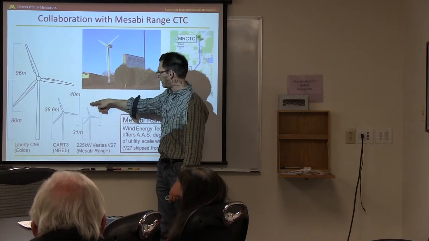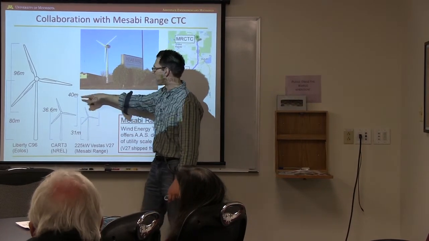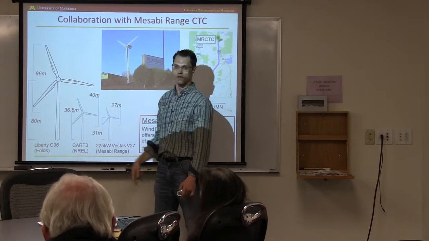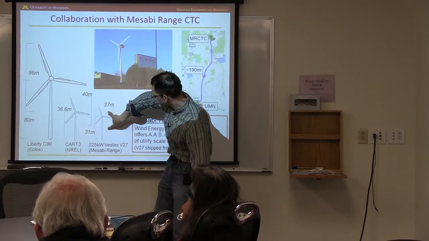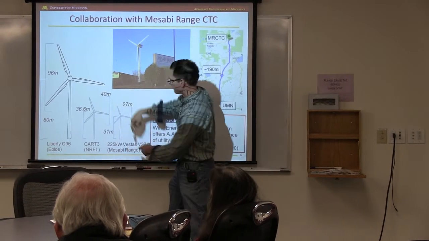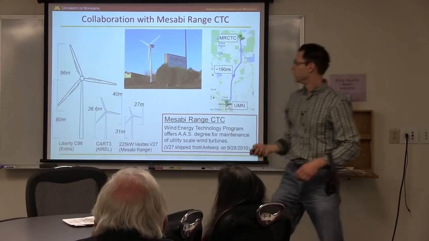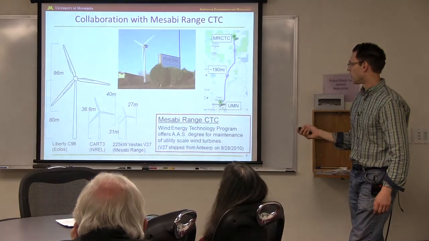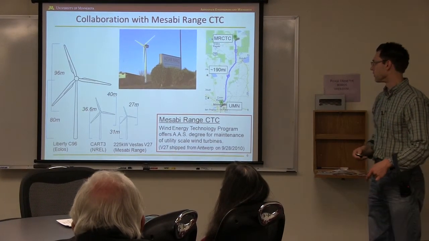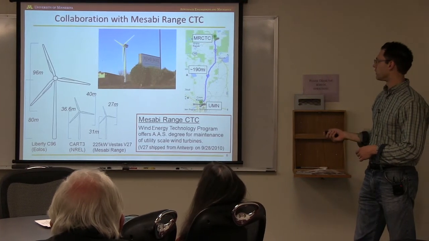And they said the top tip of this blade is actually still quite a bit shorter. It's a few meters shorter than just the entire blade of one of these turbines. So you take this blade and you put it here, the dimensions are such that that blade will actually go from ground up beyond the tip of that blade. The blades on these large utility scale turbines, they're enormous. It's about a 3-hour drive for us to get up there.